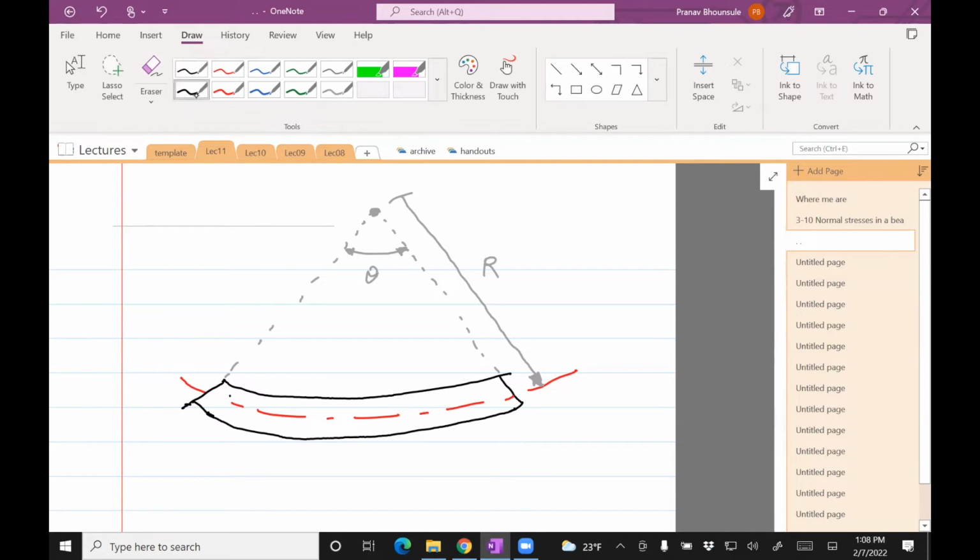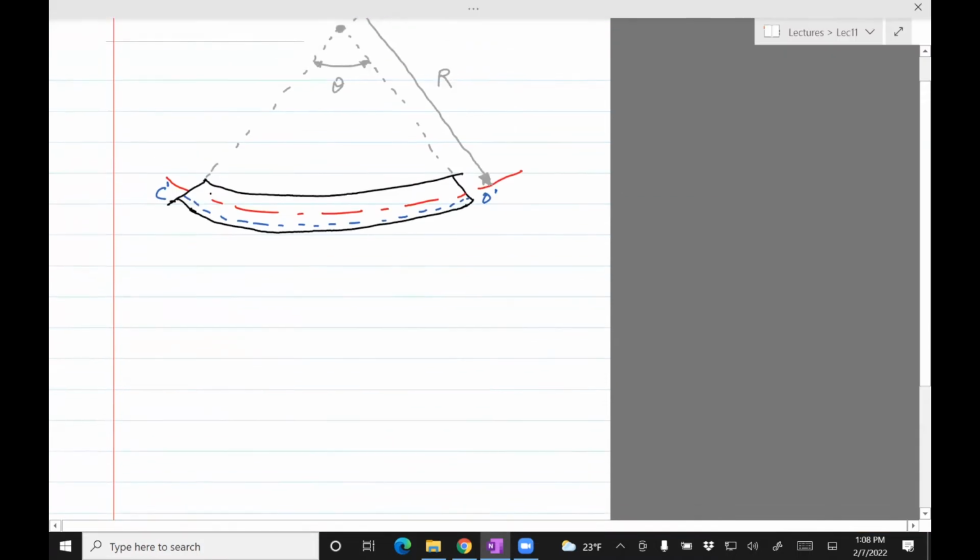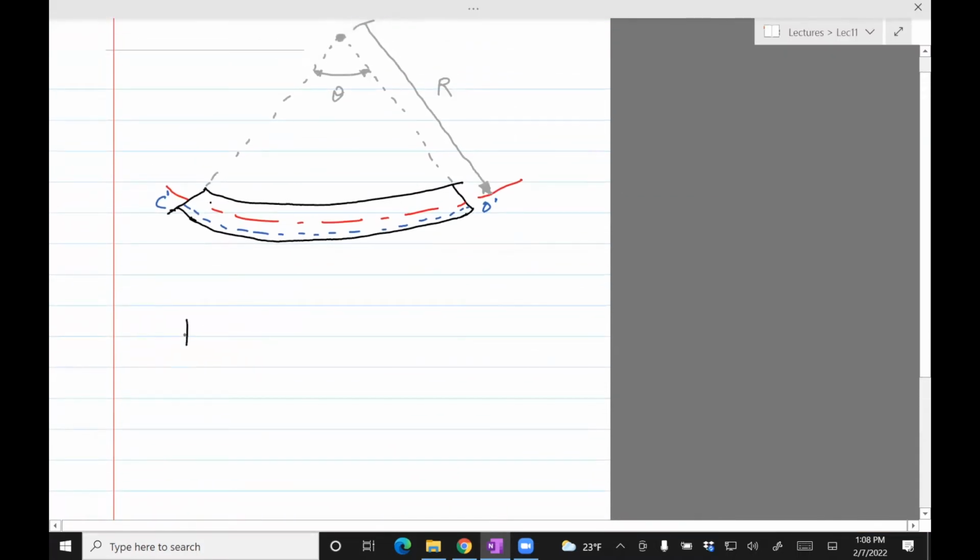So let's name a few things. Let's call it C prime D prime to distinguish it from this specimen. No, that's a new axis.